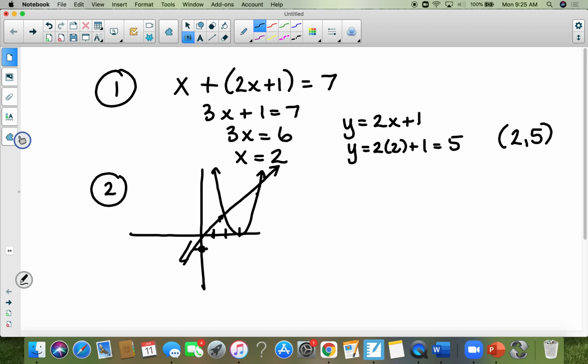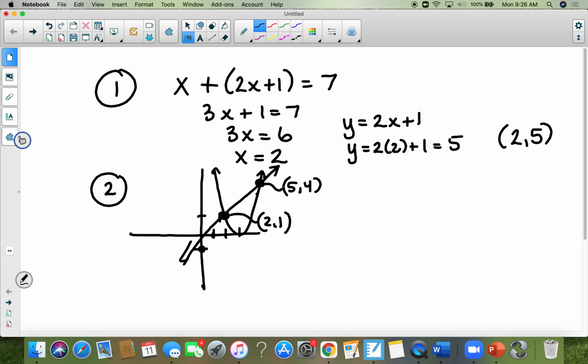Your graph will be even better than mine because you have actual graph paper, and you can see that these two intersect in two spots: 2, 1, and the other spot is 5, 4. The parabola is already graphed, and you should be able to graph x minus 1, which is just a line.